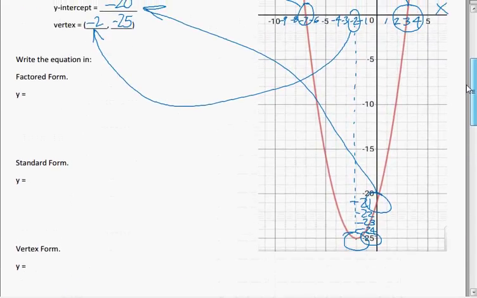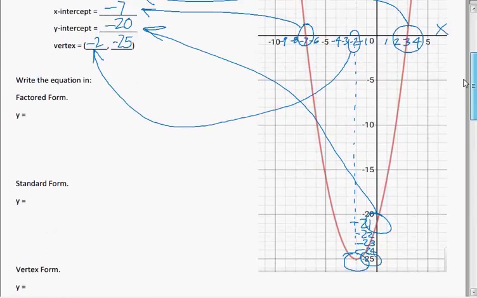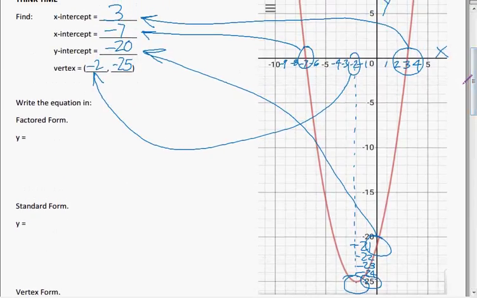The second thing we need to do is write the equation. And I'm going to write the factored form first. Factored form is when I have parentheses. So I have my parentheses.